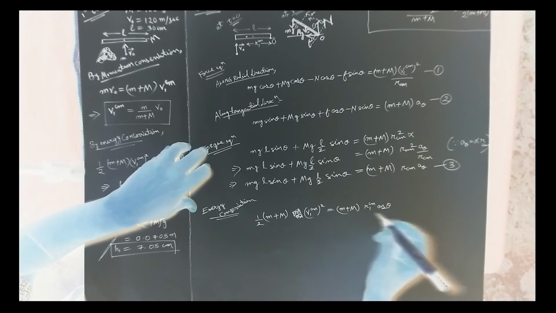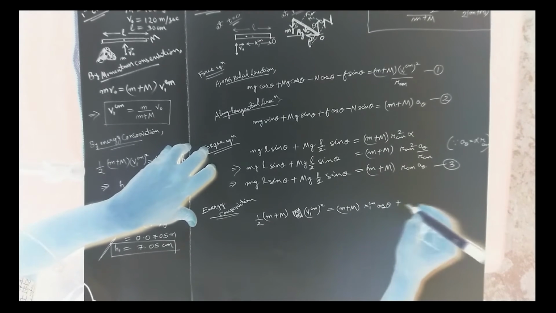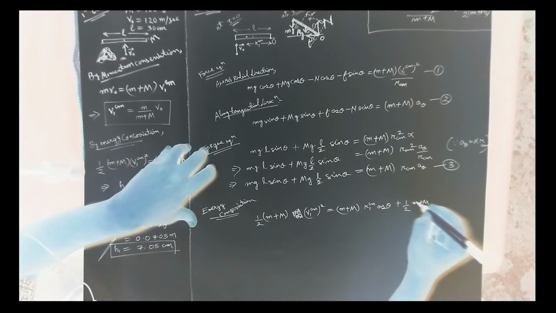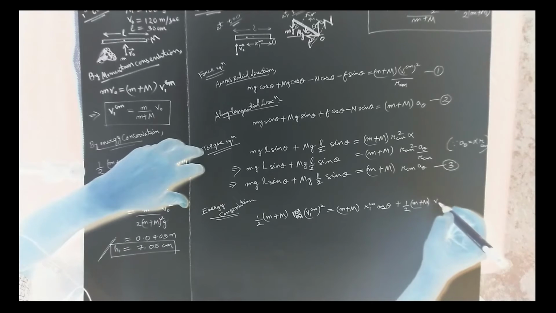So (m plus m) R1 cm cos theta is the gravitational potential energy, plus half (m plus m) times the velocity at that instant, which is v2 cm whole square.